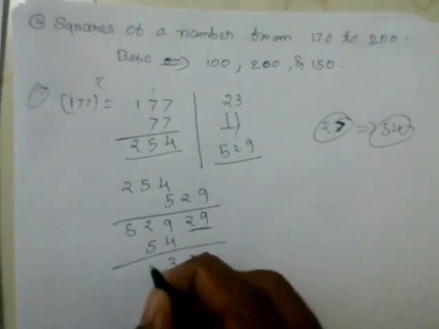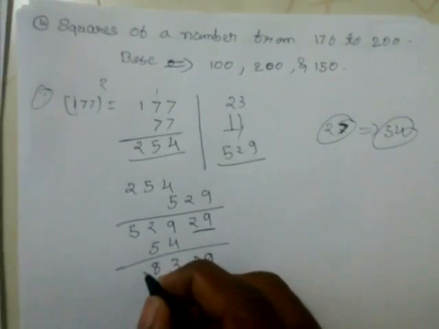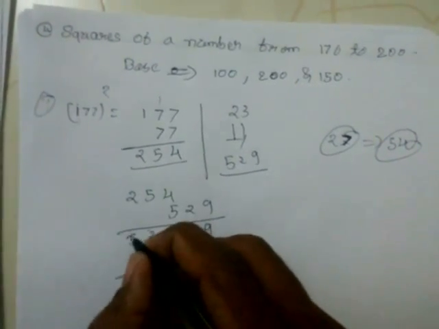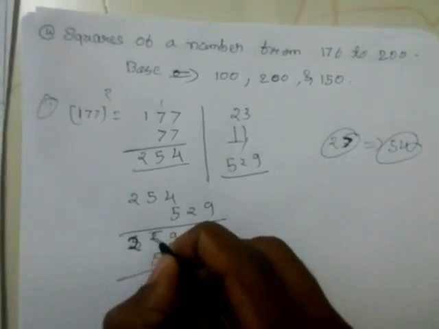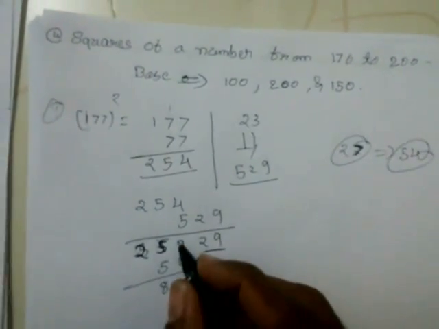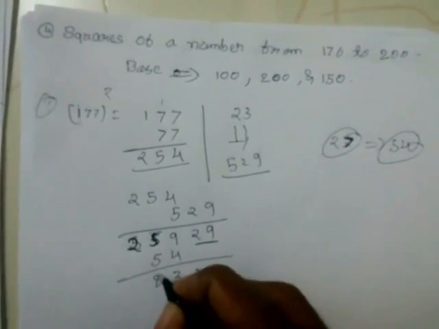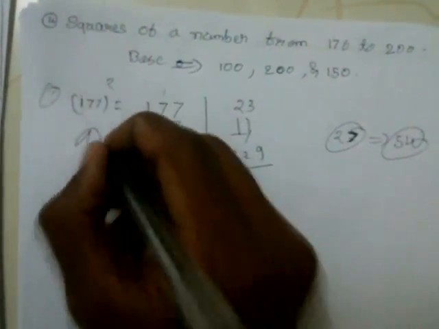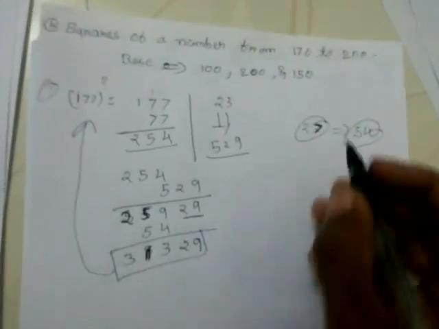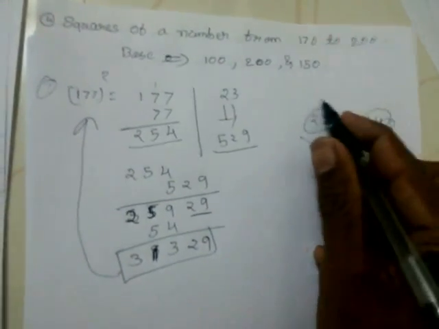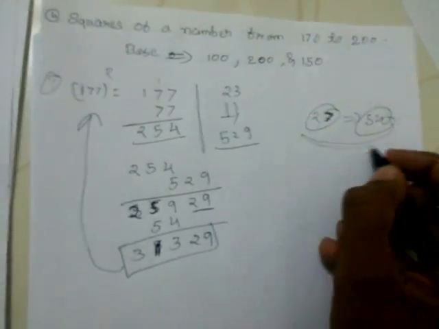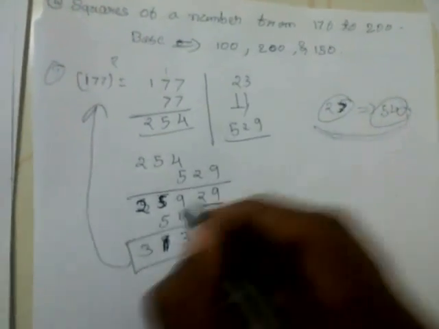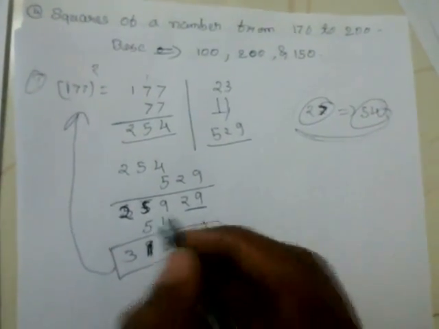We get 31329. Answer for 177's square. Only one step is additional here. We need to make double of the difference in the third step and add in the similar manner.